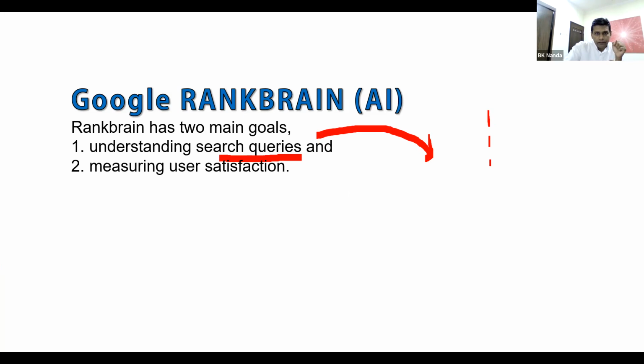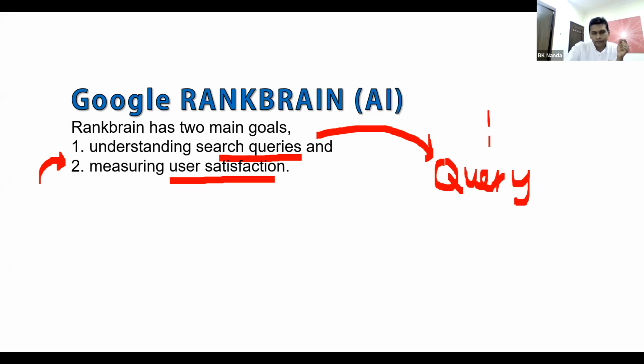But then it also tries to measure user satisfaction. That means, were the previous users who visited those websites satisfied? So one is the query that you are typing, and it's going to suggest maybe a few hundred. Let's say it picks out 100 websites which match your query.